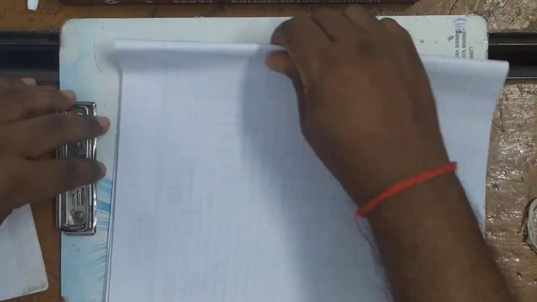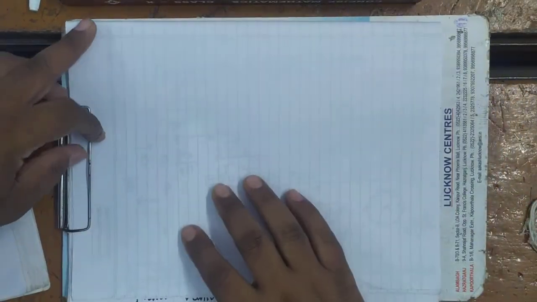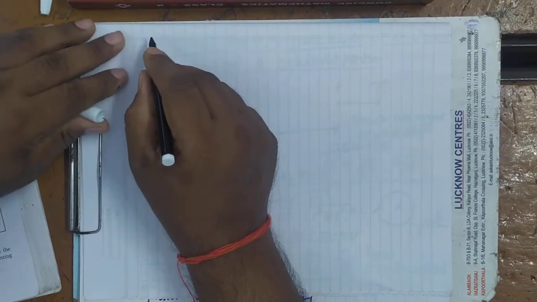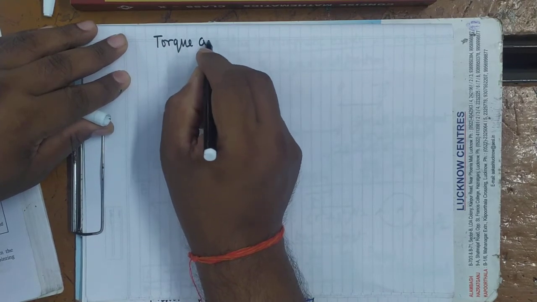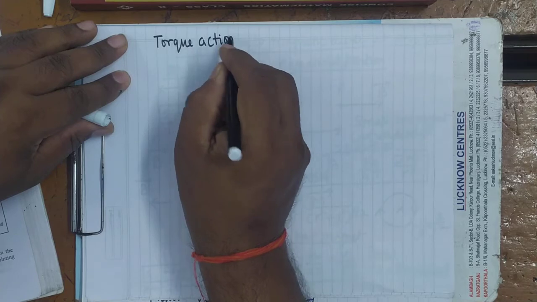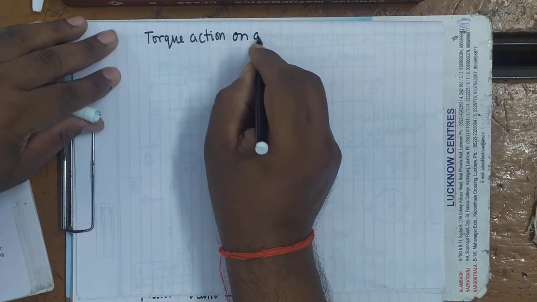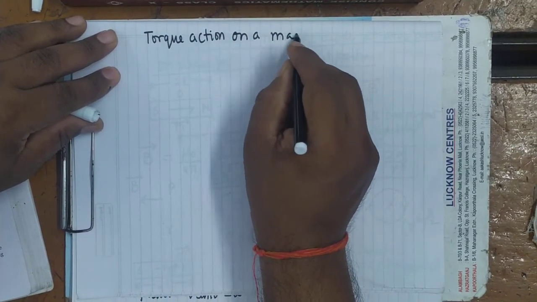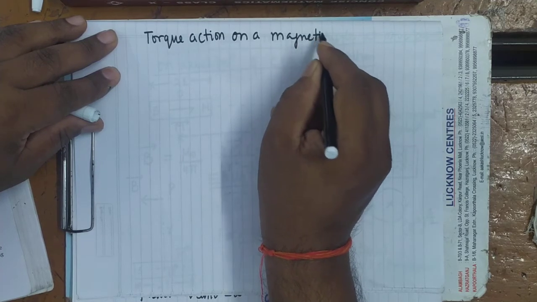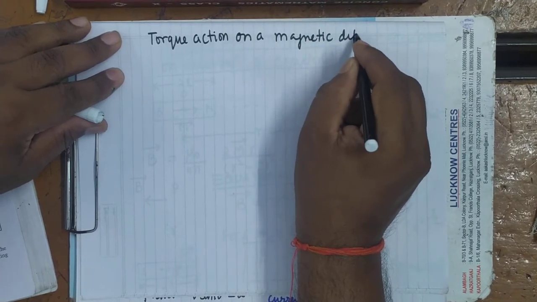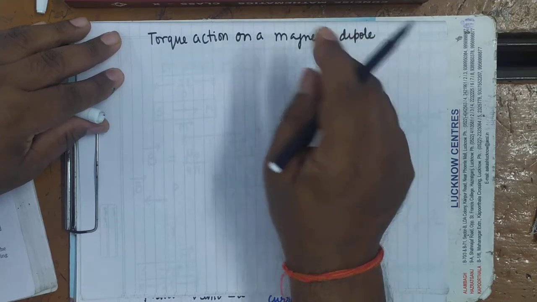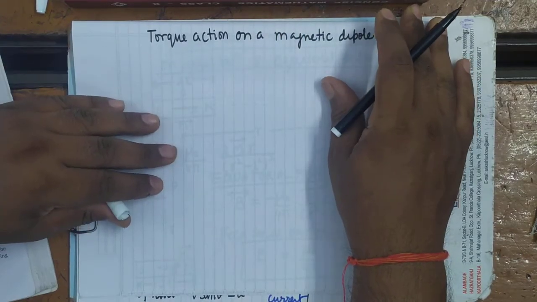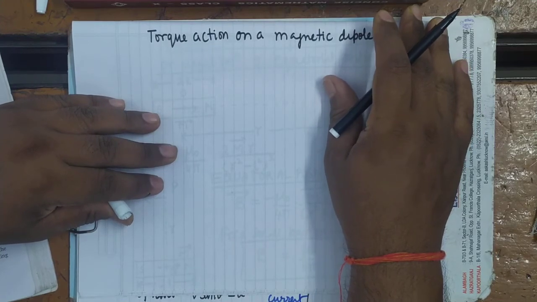And all these formulas we have deduced for a bar magnet, but they are true for all dipoles.